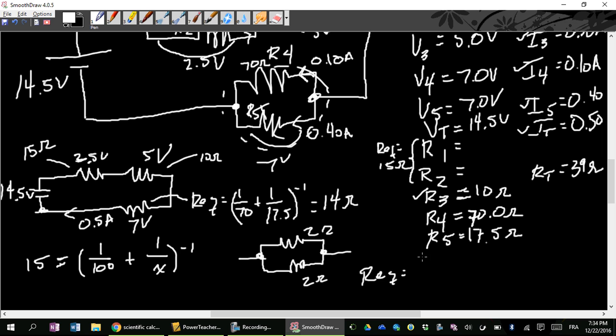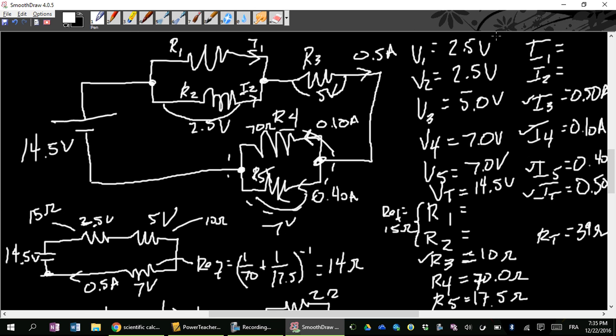R equivalent is 1 over 2 plus 1 over 2. My question is, is that 1? What is this? That is actually 1, because this gives 1. Okay, so that does work. So this is 1 ohm. So all you have to do is pick two resistors that are equivalent. So it doesn't matter. 2 ohms.